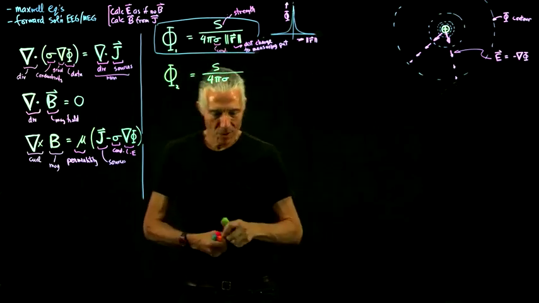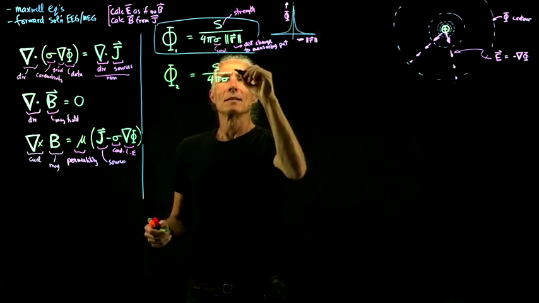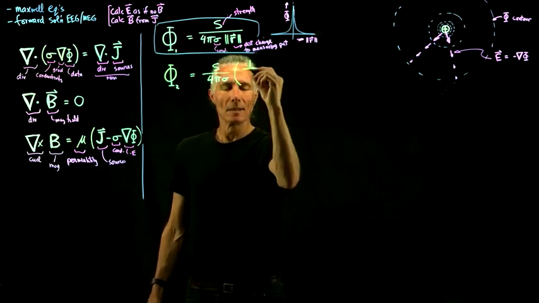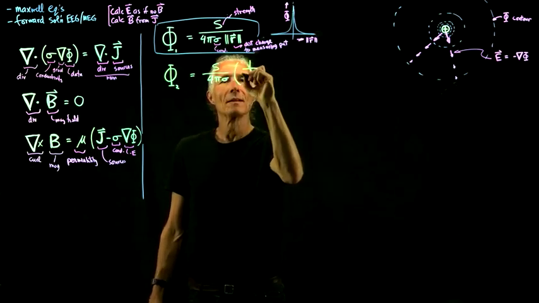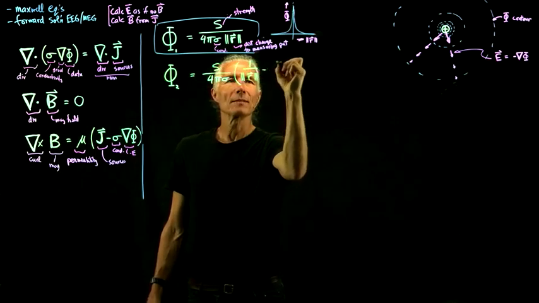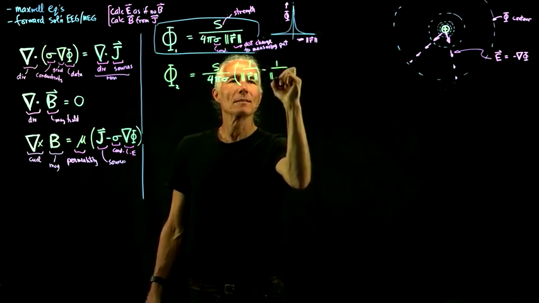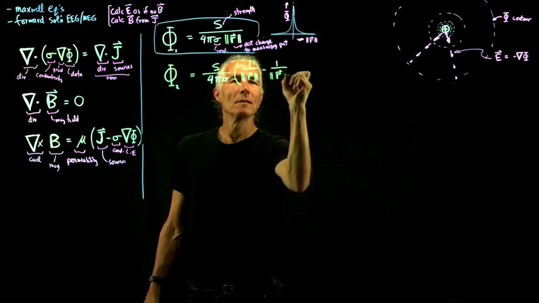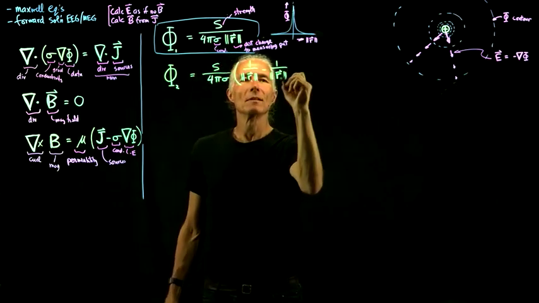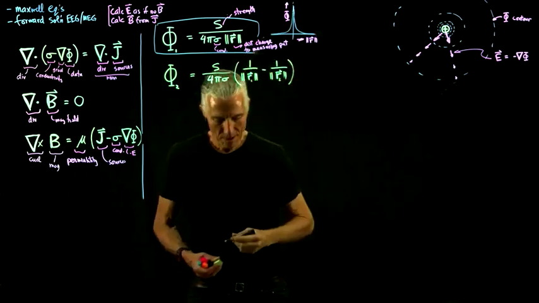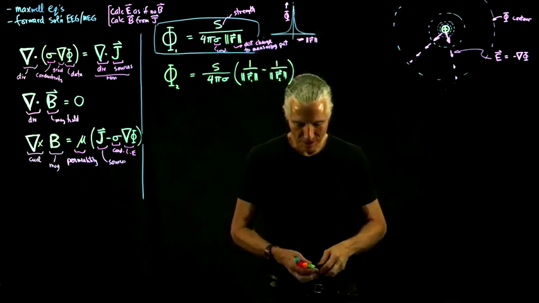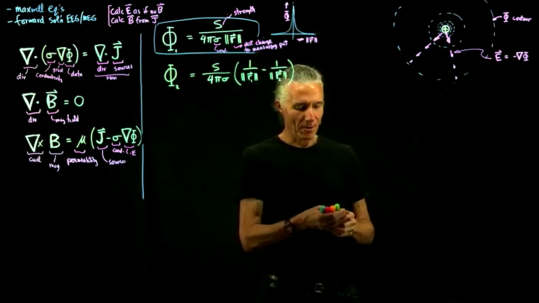So in the case of two charges, the equation is basically 1 over the distance away from the positive charge minus 1 over the distance away from the other charge. So this is charge 1 and charge 2. Now that one's a more complicated one, so let's try to draw it out.